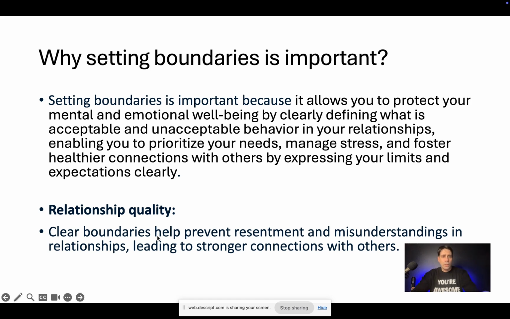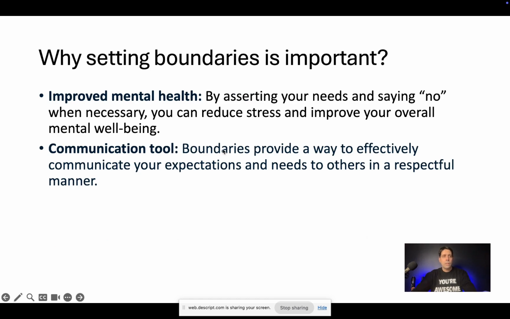Relationship quality. Clear boundaries help prevent resentment and misunderstandings in relationships, leading to stronger connections with others. Improve mental health. By asserting your needs and saying no when necessary, you can reduce stress and improve your overall mental well-being.